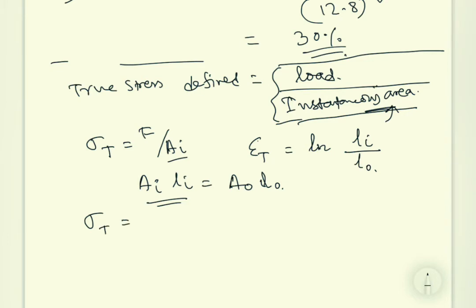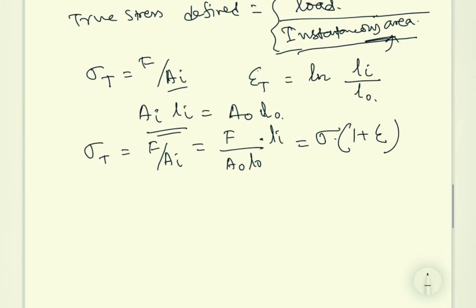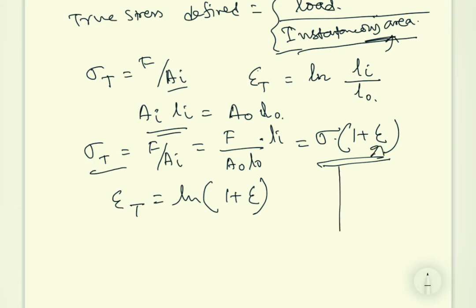So by a little calculation we have F by A naught into L i by L naught, so this would be sigma into 1 plus epsilon. Similarly, this epsilon t, by simple calculation we will get ln of 1 plus epsilon, right? So true stress I can see is always higher, because this term is added.